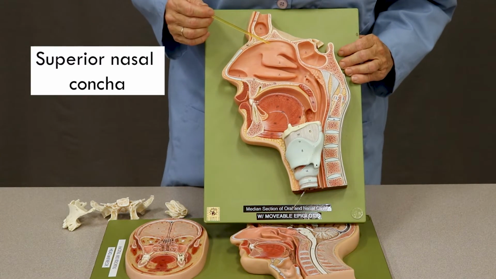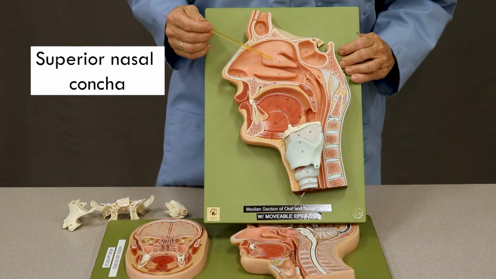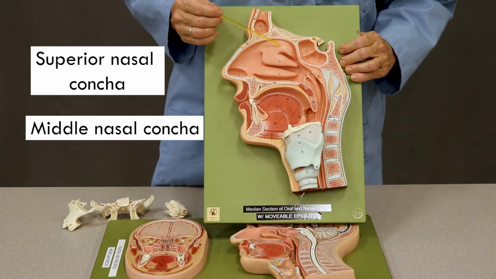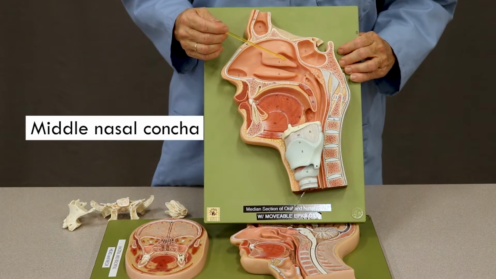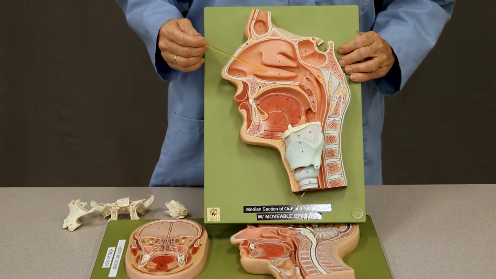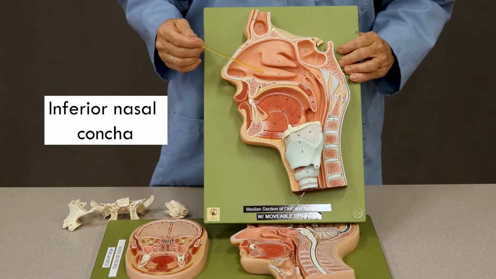Sorry, this would be the superior nasal concha. This would be the middle nasal concha. And this you learned as its own separate bone, the inferior nasal concha.